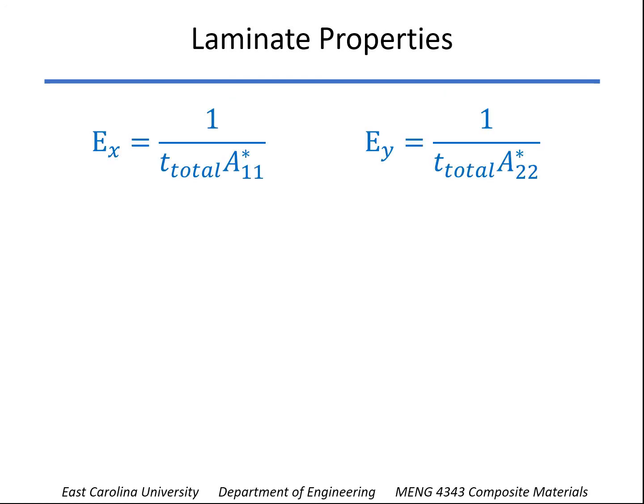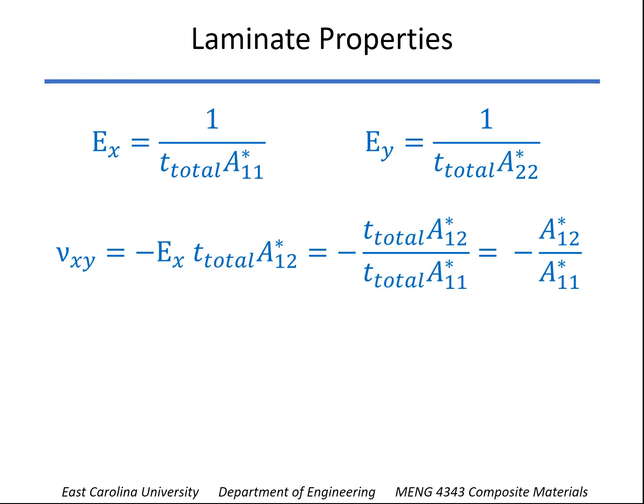Doing these comparisons, we would say that the modulus Ex would be 1 over the total thickness times the A11 star term of the inverted A matrix. Similarly for Ey. If we look at the Poisson's ratios, you can see that the thicknesses will cancel out, and so we end up with negative A12 star over A11 star. And the shear modulus Gxy is 1 over the total thickness times A66 star.